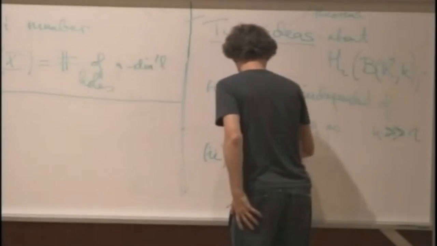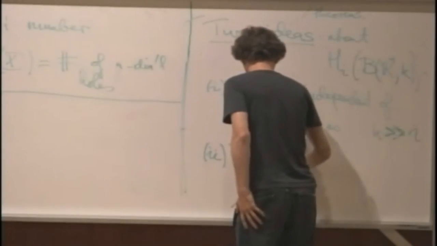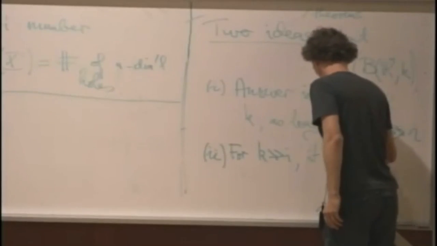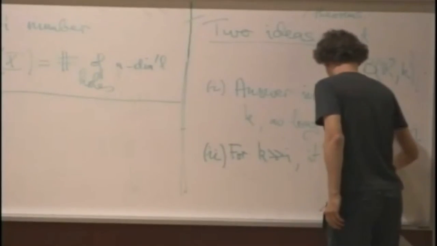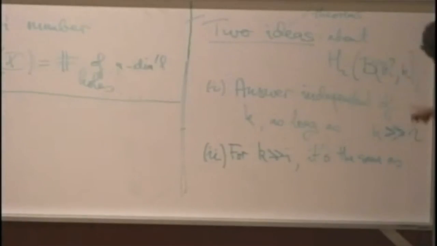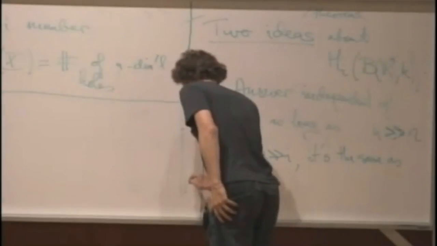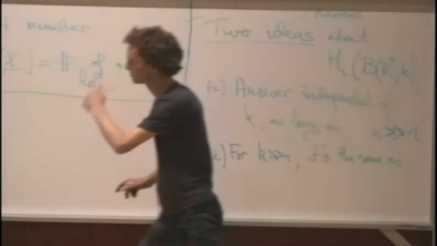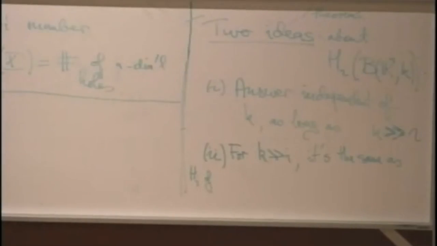So for k big compared to i, it's the same. So it meaning the homology or the measure for the number of holes is the same as the homology of a space of functions.